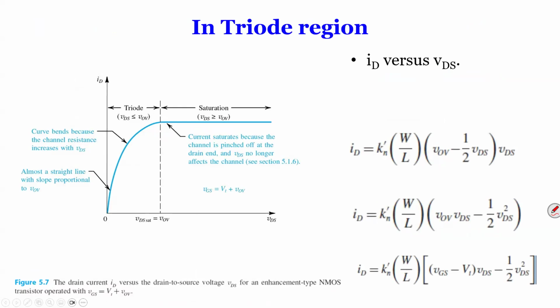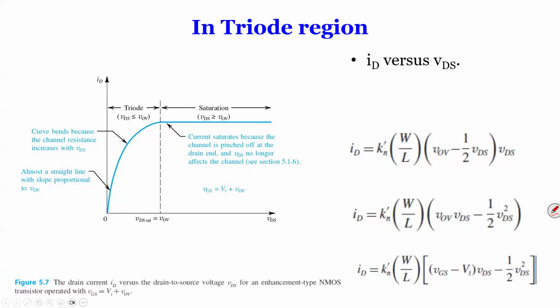Earlier you asked what happens to VDS. Well, this is what happens when you look at the bigger picture. When VGS is larger than VT by VOV, so VOV is VGS minus VT, right? So VGS is VT plus VOV. This equation is naturally a variation.